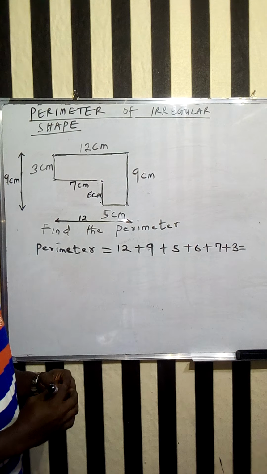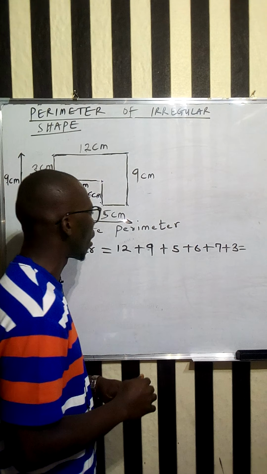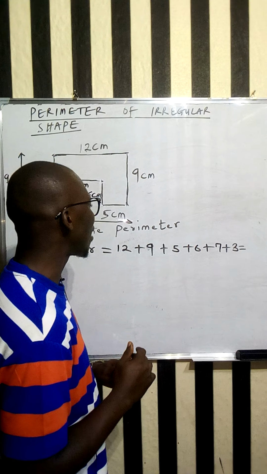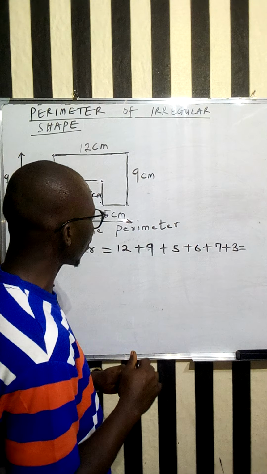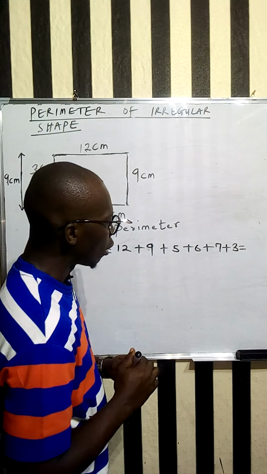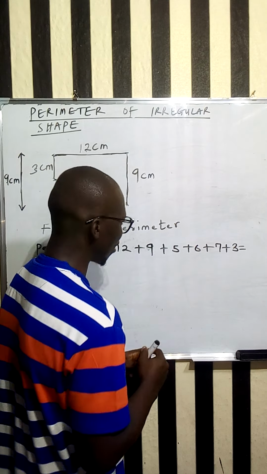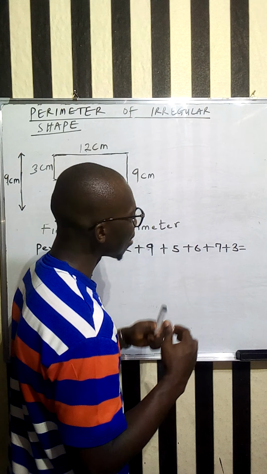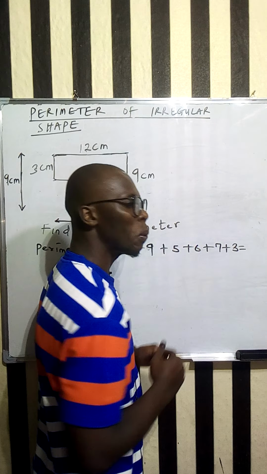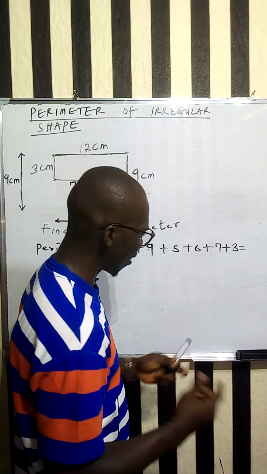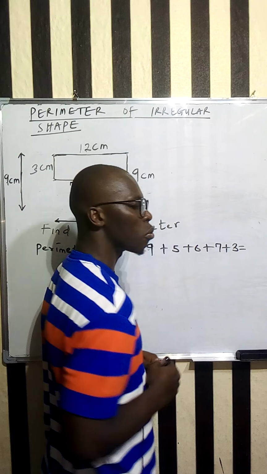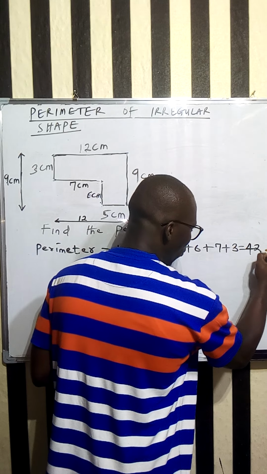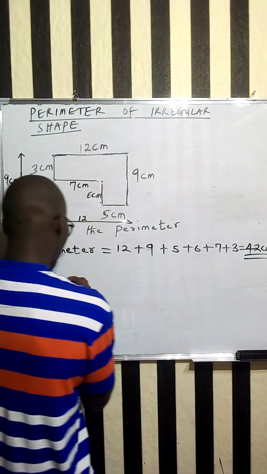So let us add it together now. 12 plus 9 is 21. 21 plus 5 is 26. 26 plus 6 is 32. 32 plus 7 is 39. 39 plus 3 is 42. Our perimeter is now 42 cm. So that is our perimeter.